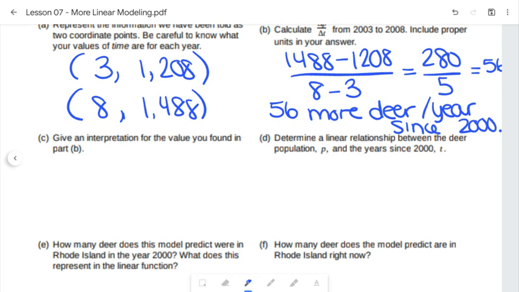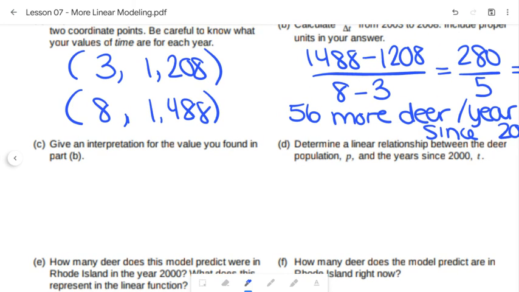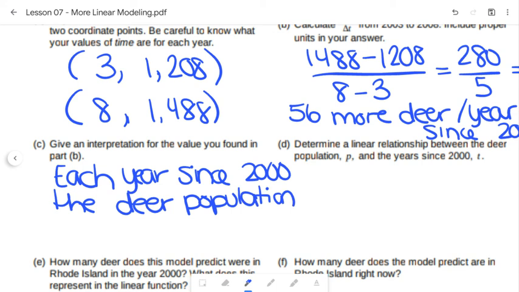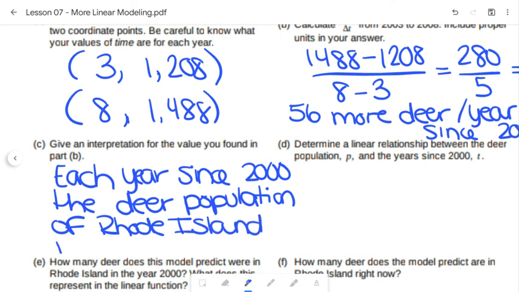For C, when it says give an interpretation of the value found in part B, well, if I go to do that, it's going to say that each year since 2000, the deer population of Rhode Island increases by 56.